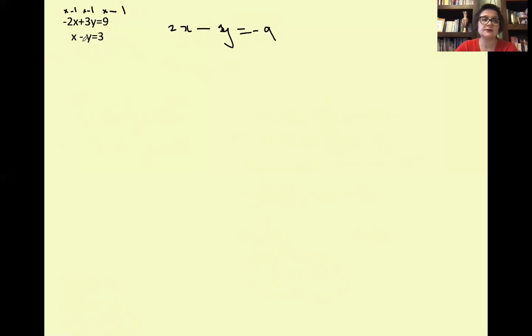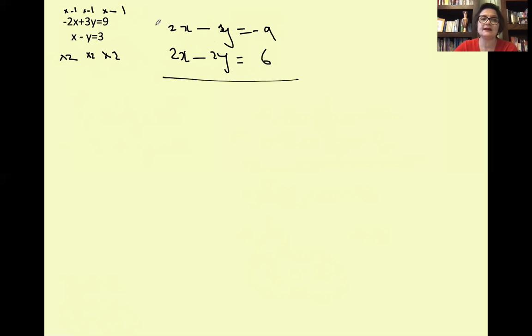And for the second equation, I have to change the coefficient of the x to 2. So I multiply every single term of the second equation by 2. So the second equation becomes 2x minus 2y equals 6, right?